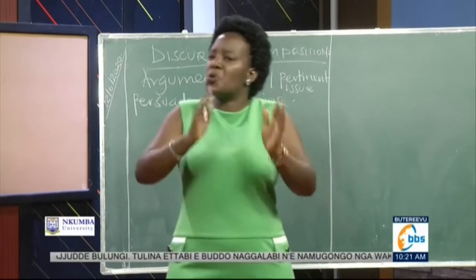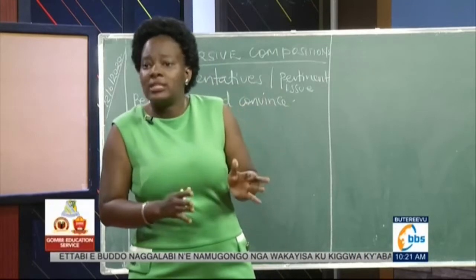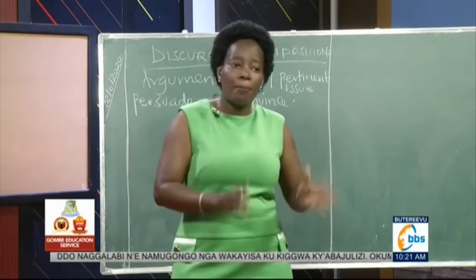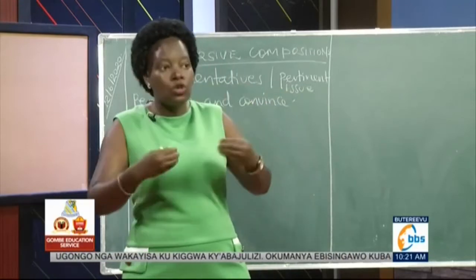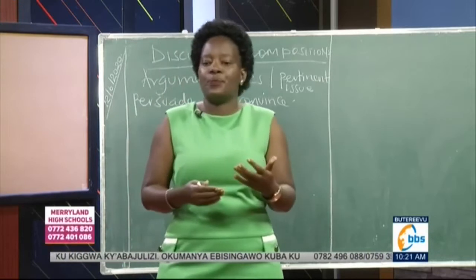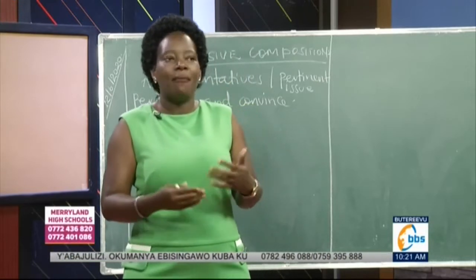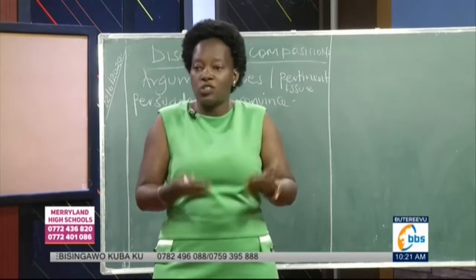We expect you to reason. That's why we are saying here that your reasoned argument on a particular issue is paramount. It is very important. You need to reason. We need to see your brains at work. I think you're going to realize that this is the time, especially when you look at the new curriculum, where the students' brains should be put at work.